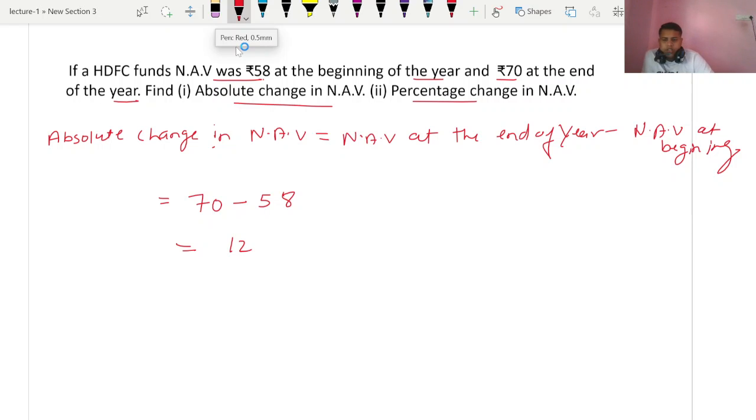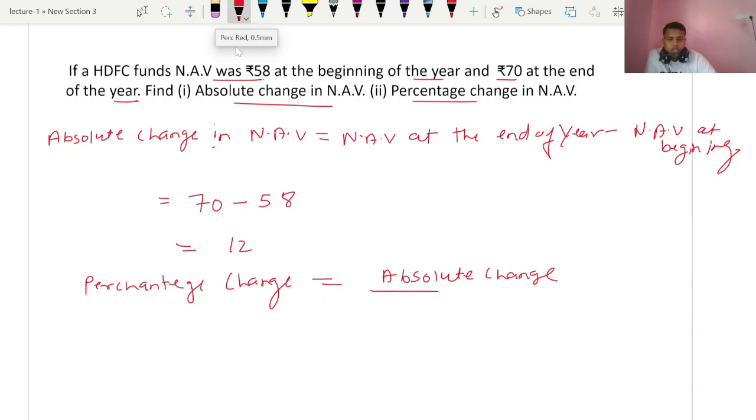What is percentage change? So we have the formula for percentage change. Percentage change in net asset value is equal to absolute change divided by net asset value at the beginning of year multiplied by 100. So what was the absolute change? 12.